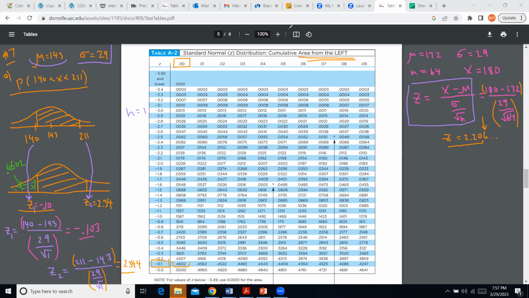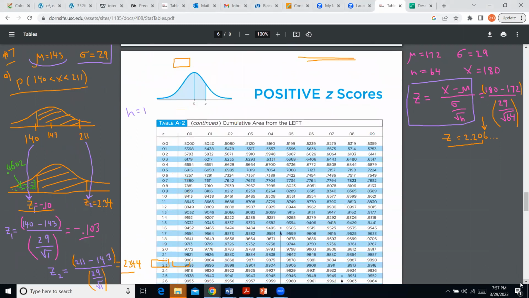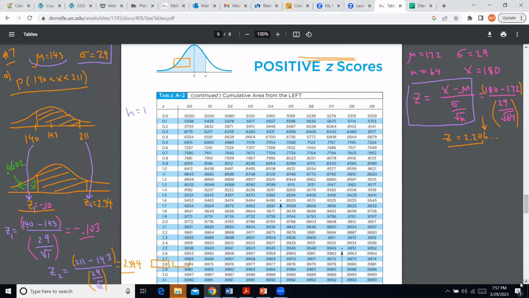So I'm going to have to go to the positive z-scores, and I will, for that matter, scroll down, because the other is 2.34, right? Was 4 hundredths. So 0.04 is the column, and 2.3 is a row to use.